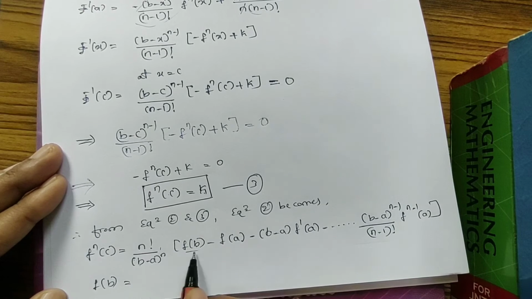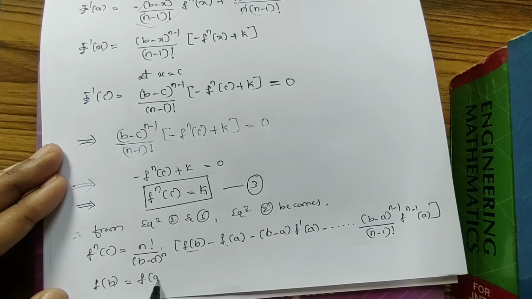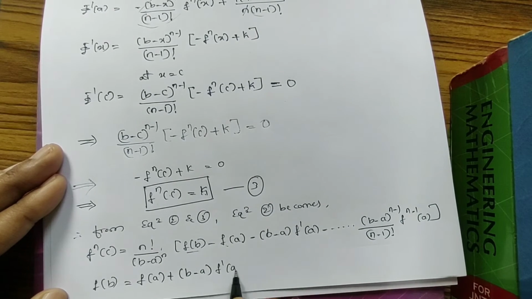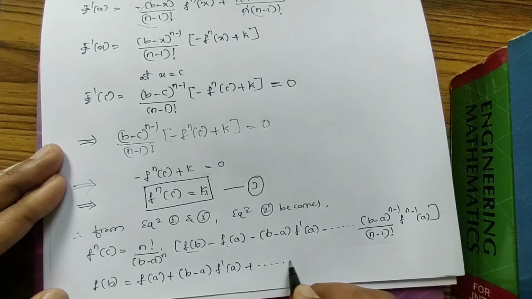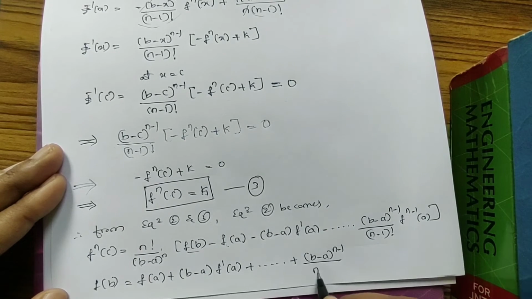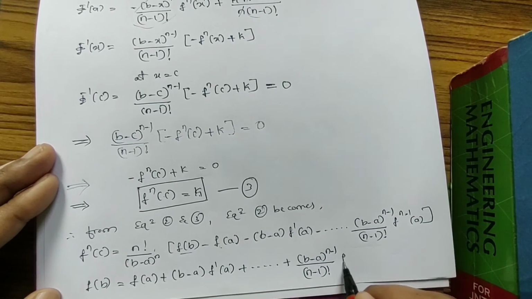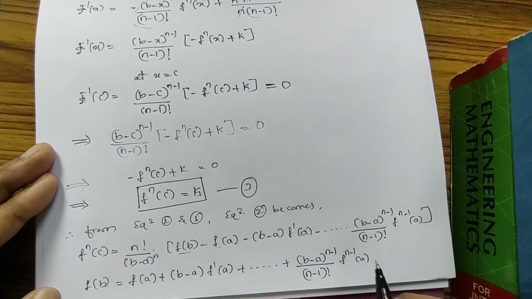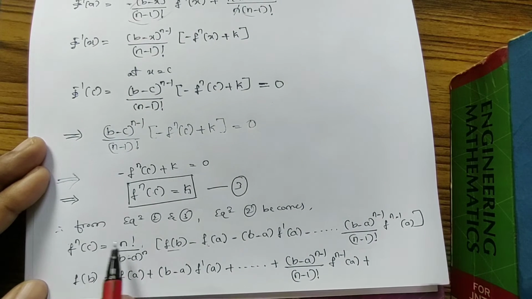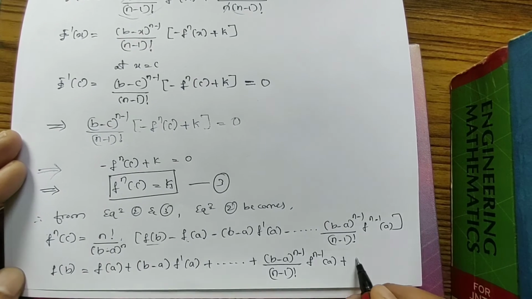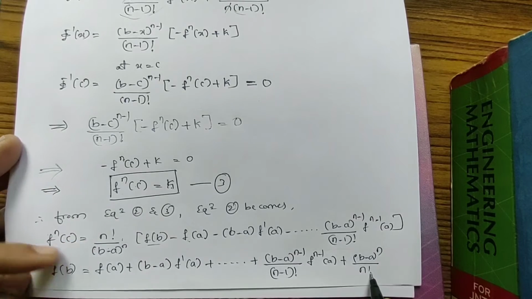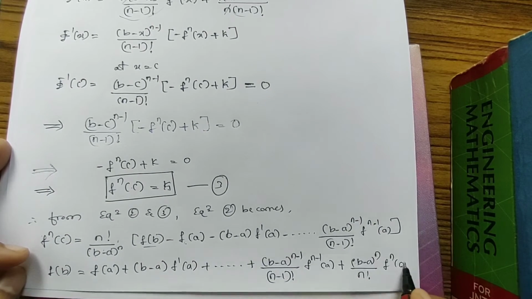That is f of b is equal to f of a plus b minus a into f dash of a plus and so on, b minus a to the power n minus 1 divided by n minus 1 factorial into f power n minus 1 of a plus, so the denominator is going to be numerator and this is going to be denominator, that is b minus a to the power n divided by n factorial into f power n of c.